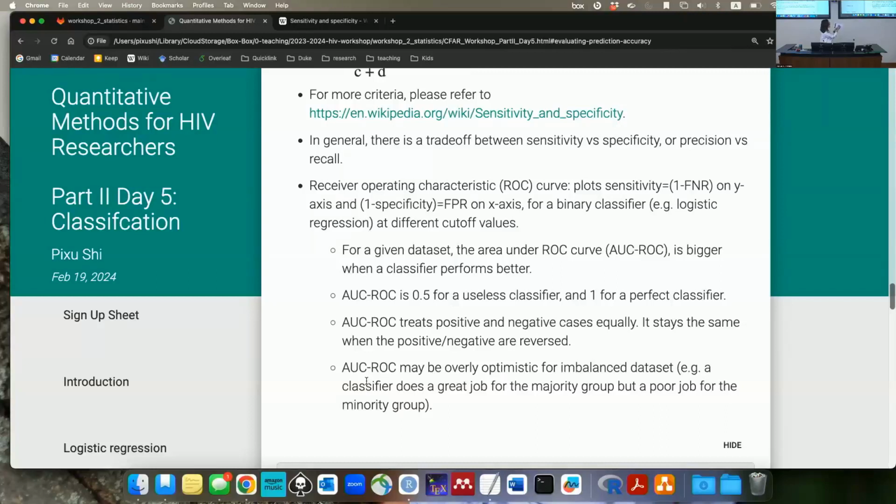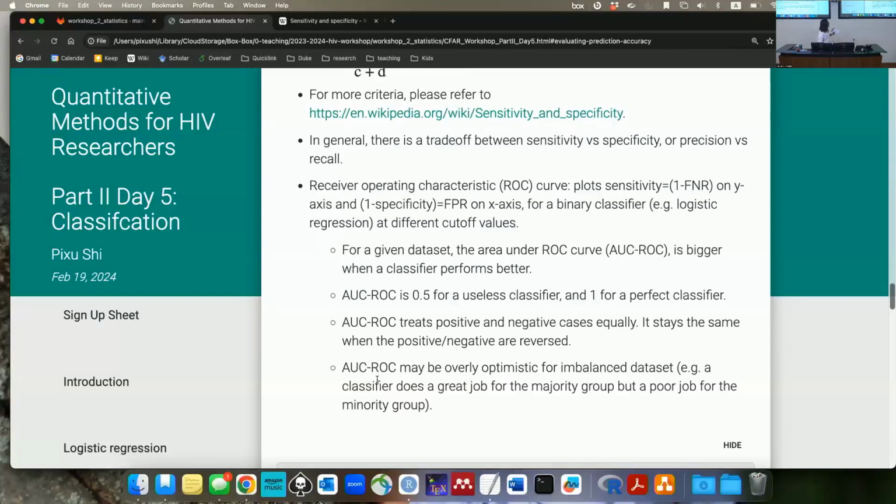But when you look at the positive cases, you are going to do a poor job classifying them, because you cannot really tell the difference between these positive cases and the other negative cases around it. So in this imbalanced data set, if you calculate the ROC curve, it's going to give you a very large area under the curve, because you do a very good job for the negative cases.